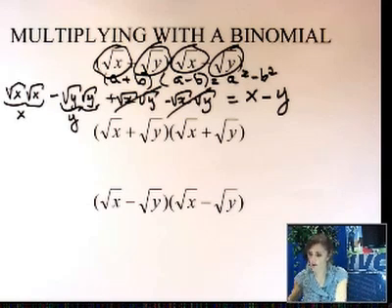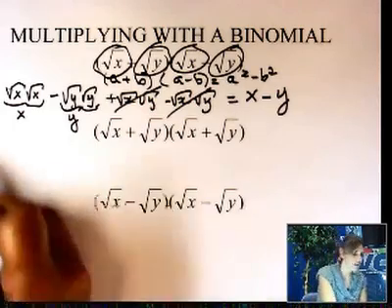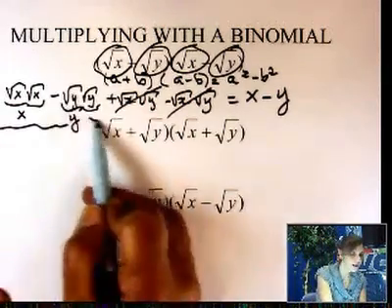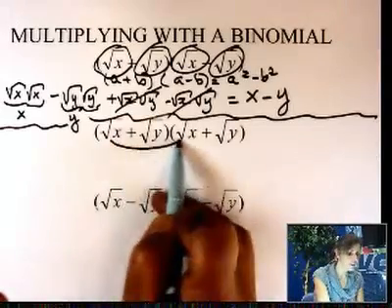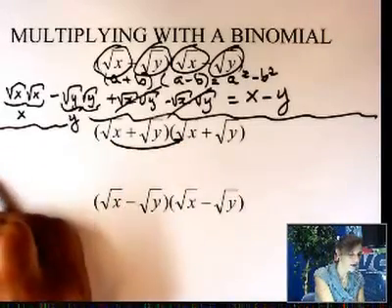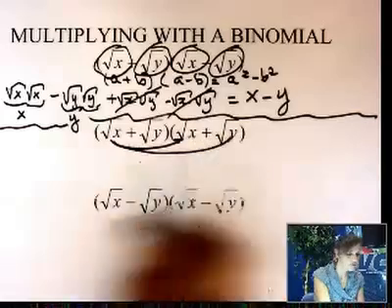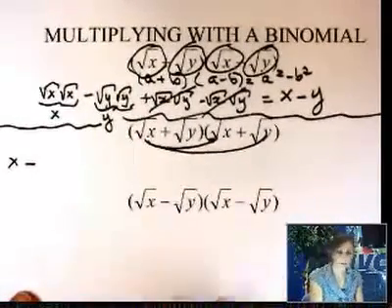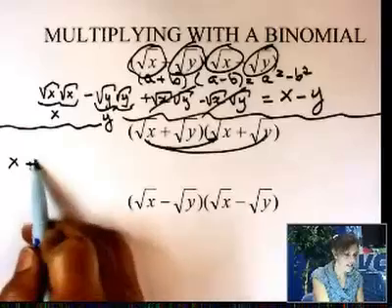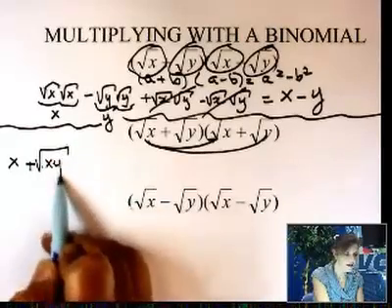Now let's go one more step. How do I do a plus b times a plus b? How does that work? You're going to FOIL it. These two, that's going to give you x. These two, that's going to give you plus xy.